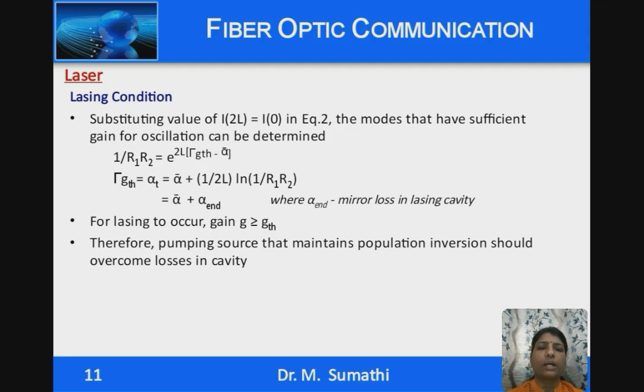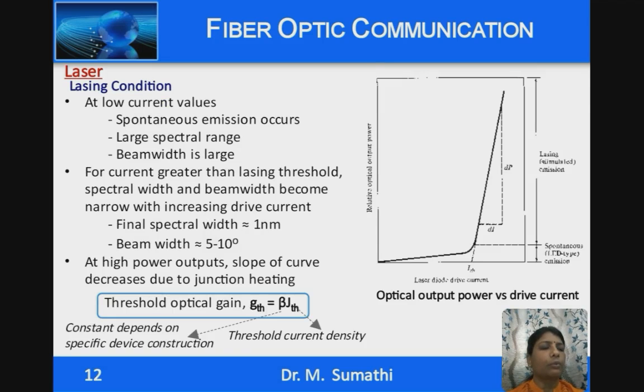So for lasing to occur, the gain should be greater than a threshold value. So for gain to be greater than the threshold value, the pumping source must overcome the losses in the cavity. At low current values, when the pumping current is low, spontaneous emission occurs, and as can be seen in the graph, this is the region where spontaneous emission occurs, and here the spectral width is large and beam width is also large.